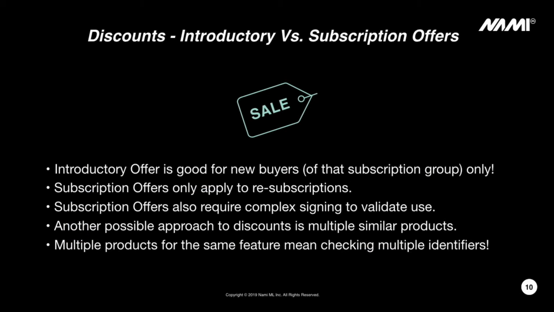An introductory offer is something like a discount or even a free trial for a little bit, and this applies only to new people that have not purchased your app before. And subscription offers apply only to people who have already subscribed to your app, and maybe they've lapsed, or maybe they're about to cancel, and you want to offer them some special deal to continue their subscription.